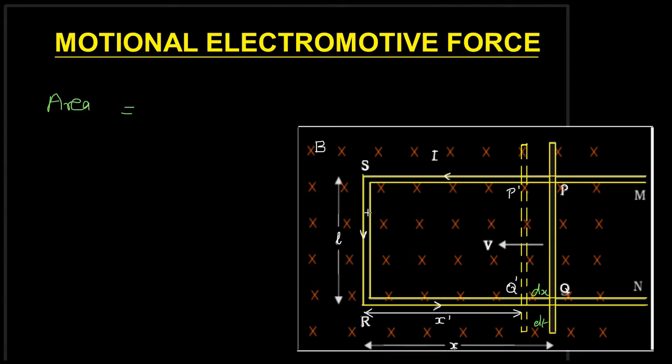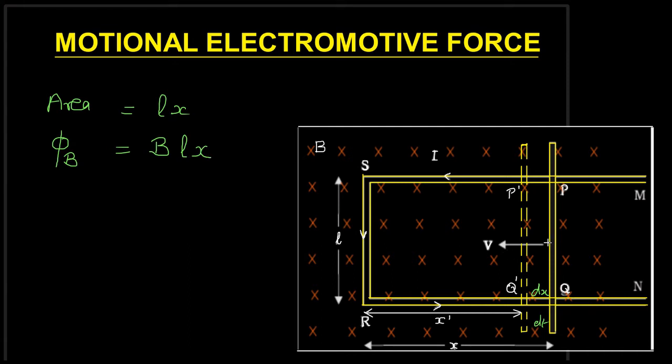Its length is L and breadth is X. Hence, the area of the coil is L into X. If B is the magnetic field which is perpendicular to the plane of the coil, the magnetic flux associated with the coil is phi B, which is equal to B into area A, that is B L X.